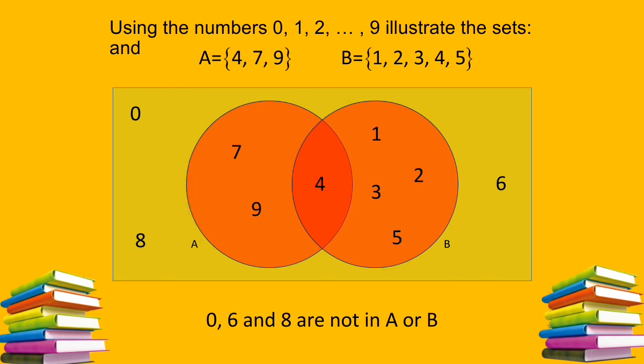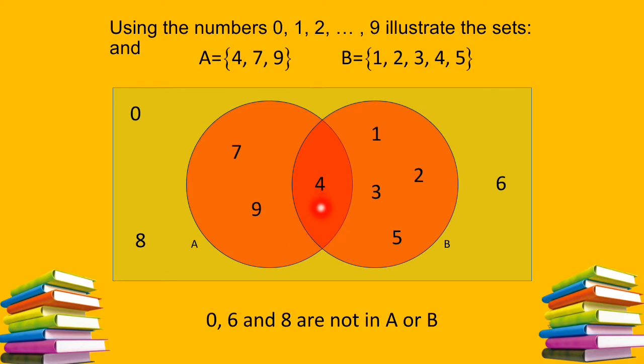So this is the way you write numbers inside the Venn diagram. First of all, students, you will draw your rectangle, which is the representation of the universal set. Then check whether there is some common element or not. Here we find that 4 is common to both sets, so we draw the circles overlapped.